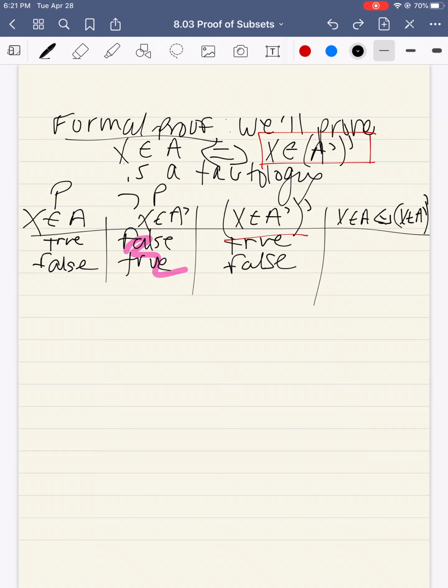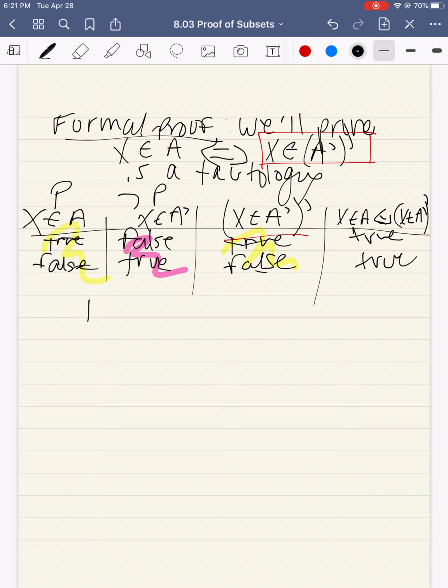So I'm going to focus on these two columns here. For if and only if, we just have to have the same truth value. Since we have true, true, false, false, this is true.